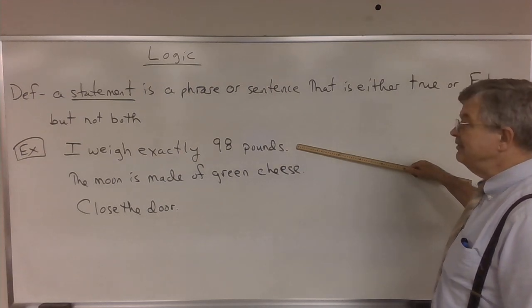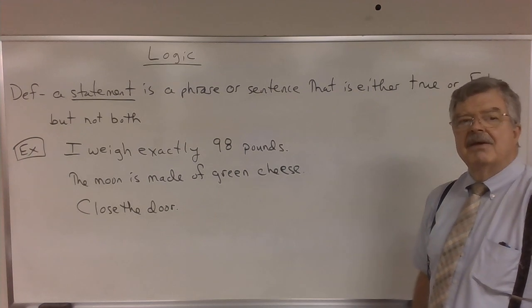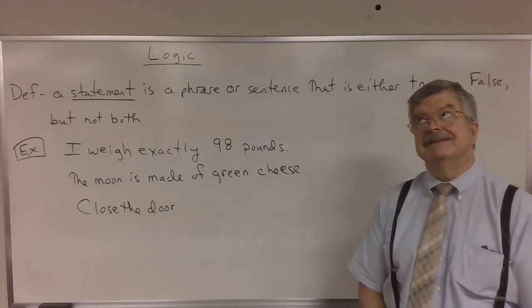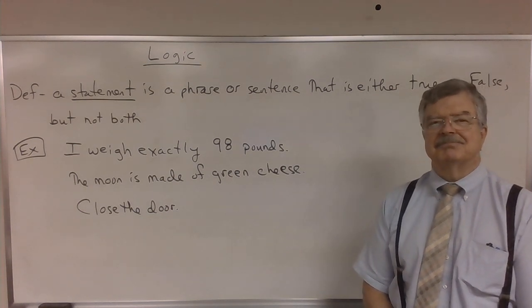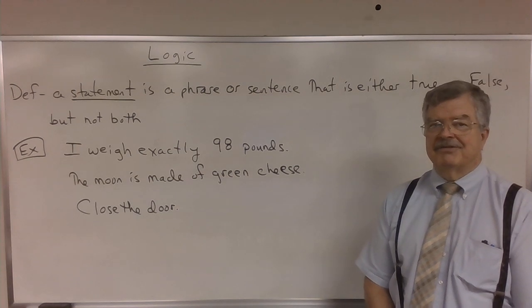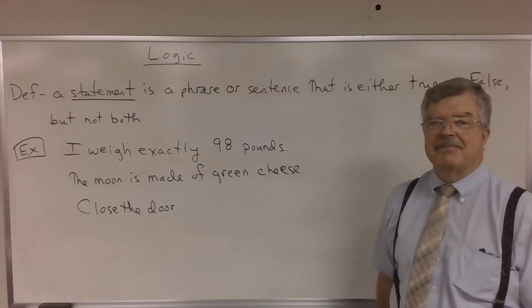I weigh exactly 98 pounds. Well, maybe I do weigh 98 pounds and maybe I don't. It's either true or it's false. If I do weigh 98 pounds, then this is true.